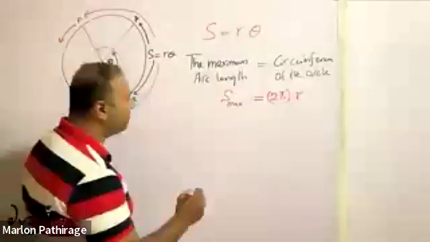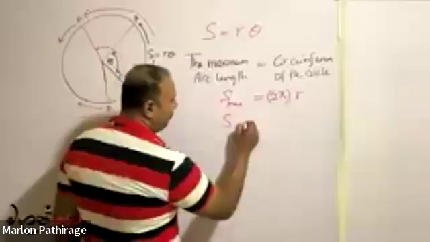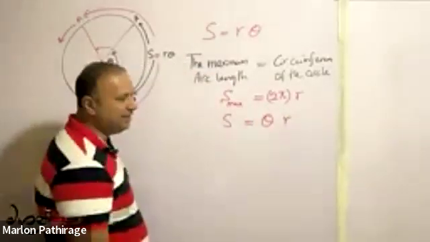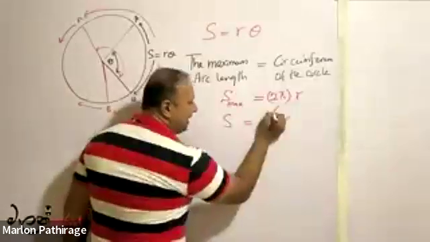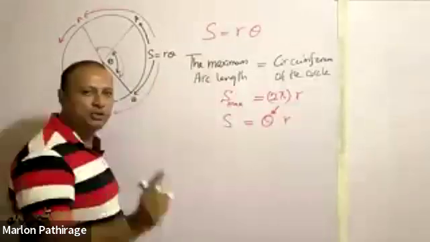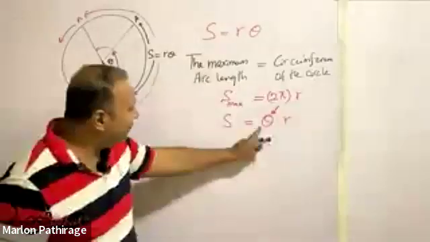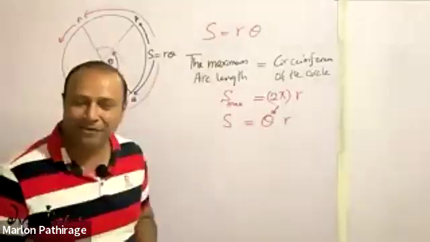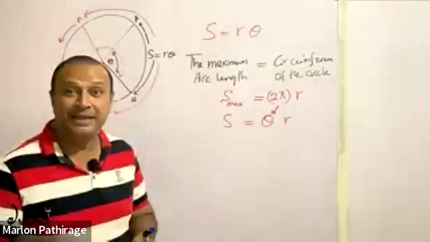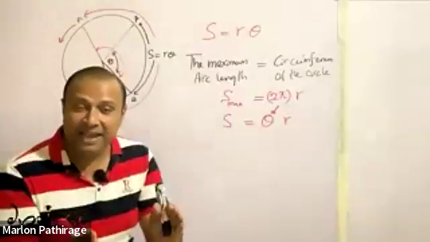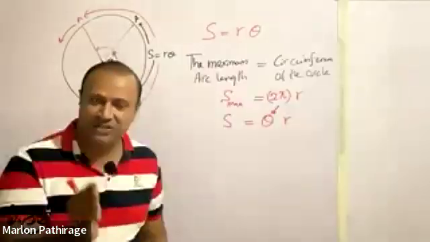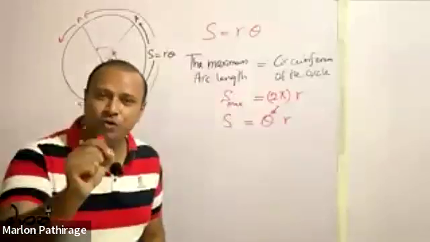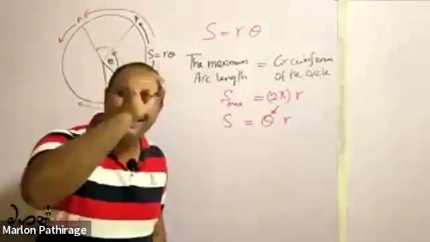So if you compare this with theta r, then this angle should be 2 pi, Pute. Therefore, the subtended angle by a full circle at the center is equal to 2 pi in radian.